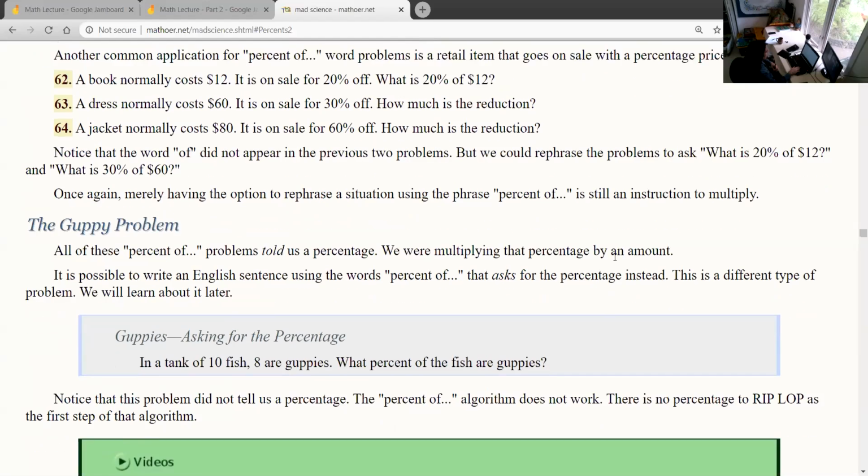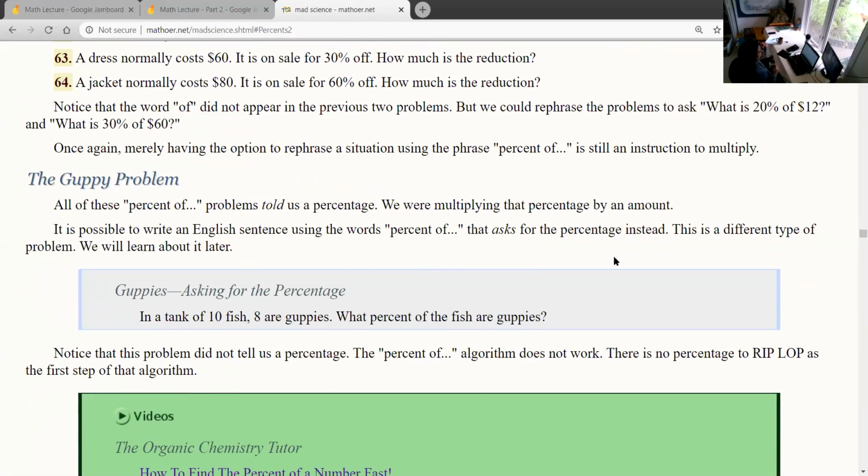Okay, before we're done, all of these problems told us a percentage. We were trying to find 20% of this or 15% of that. You can make an English sentence that uses the words of and percent where the percentage is the answer instead of what someone gave you.